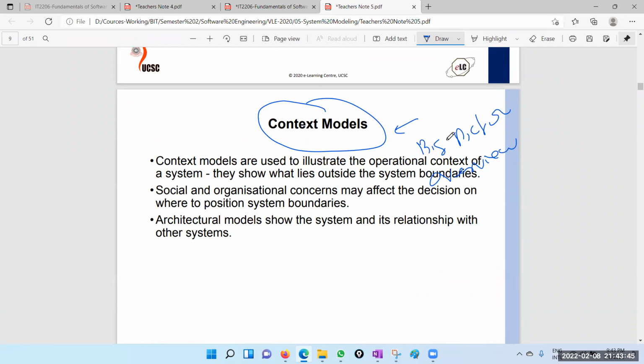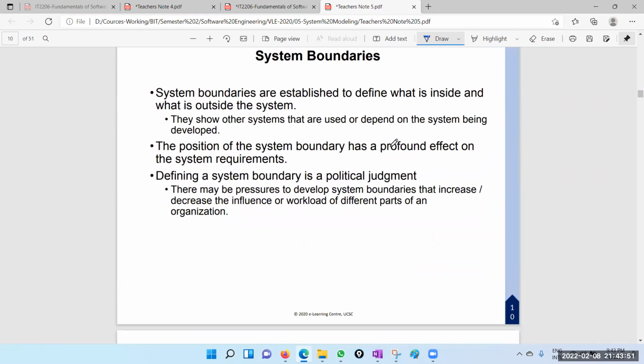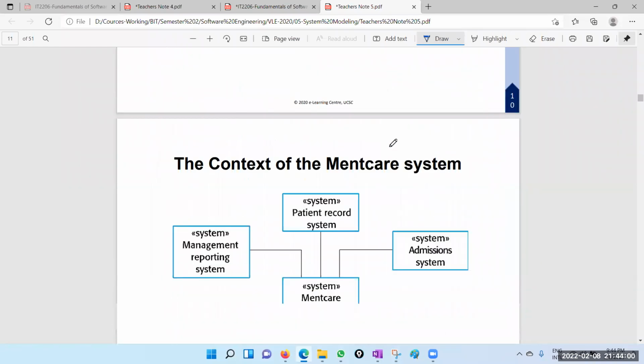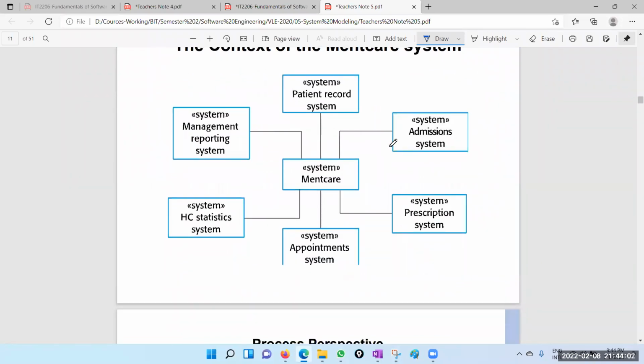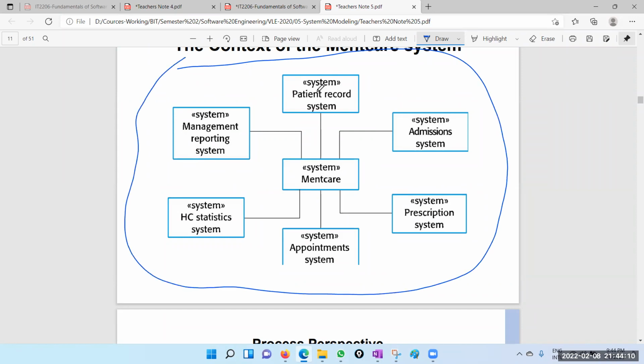Context means the big picture. There you will see the system boundary: what belongs to the system and what is outside the system. This shows the overall system functionalities and expectations.